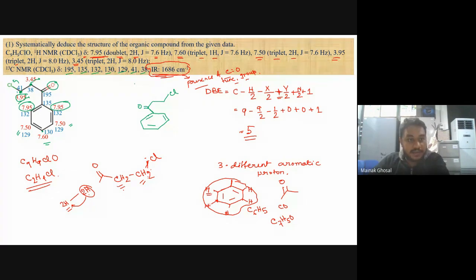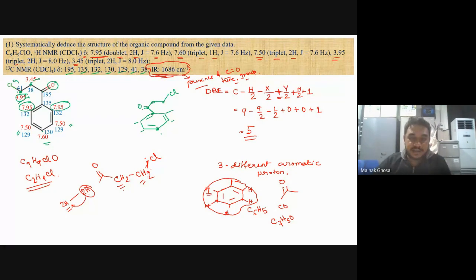Seven different carbons are there. If there is some symmetry passing through, this is one type, this is another, these two are the same, these two are the same, 3, this is 4, 5, 6, 7. So seven carbons are there.